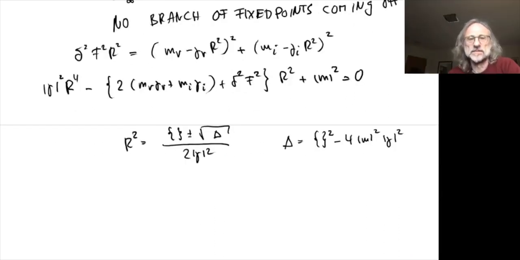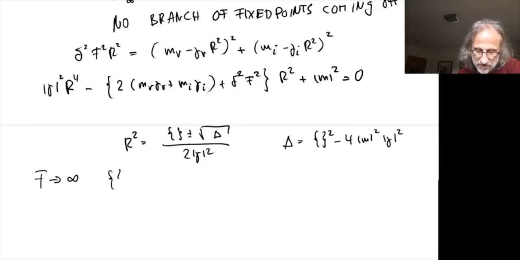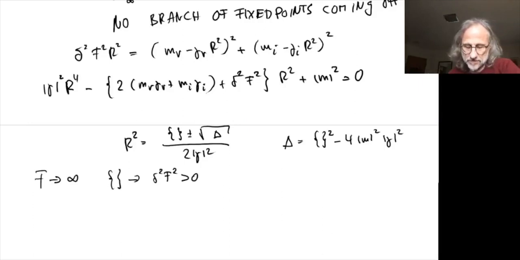Okay, how to analyze this now? Let's consider large f. The question is whether the r squared ceases to exist as a physical solution, either by the square root becoming imaginary or by the whole thing becoming negative. Now we see for large f going to infinity, we have that the curly brace goes to delta squared f squared, which is positive.